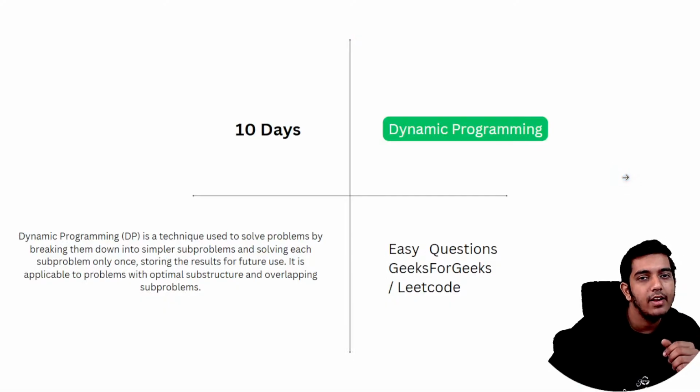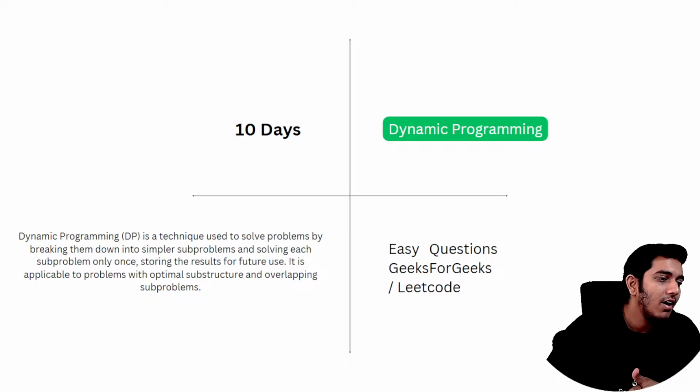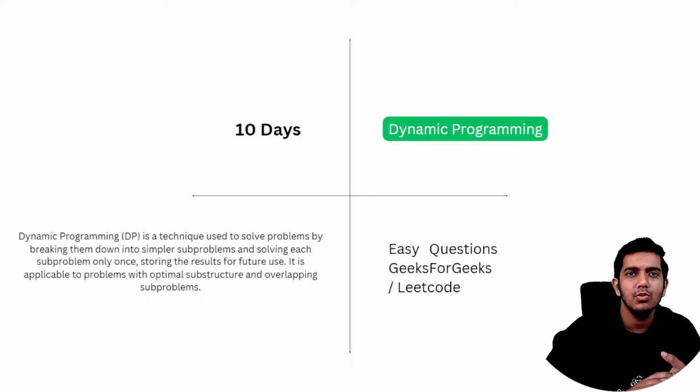So now after this, again, we have one more concept which is dynamic programming. Dynamic programming is a technique to solve problems by breaking them down into similar subproblems, and solving each subproblem only once, storing the results for future. You can actually use dynamic programming to solve different things.